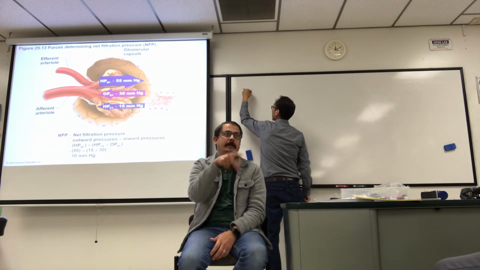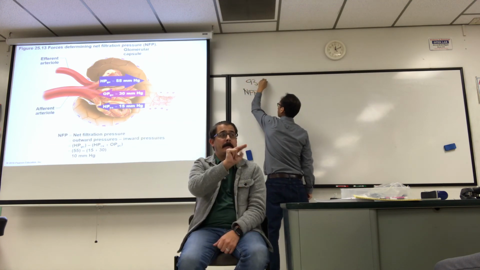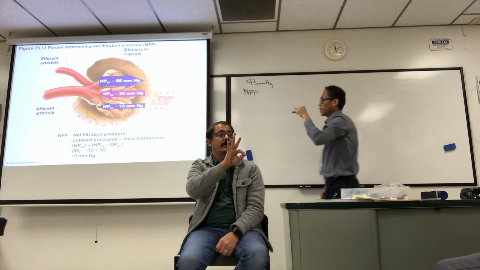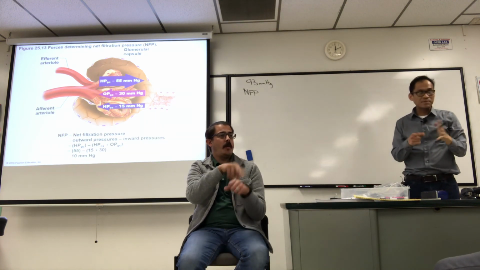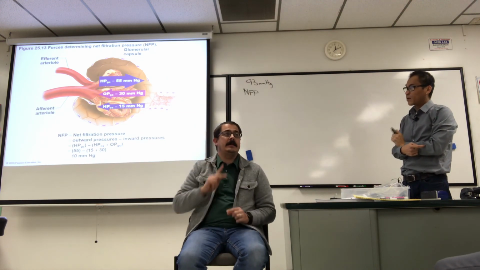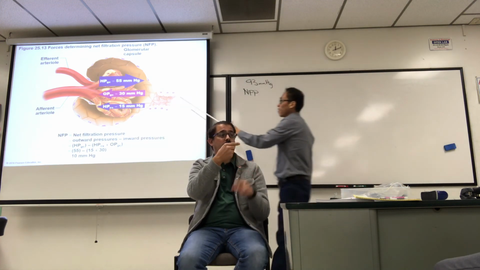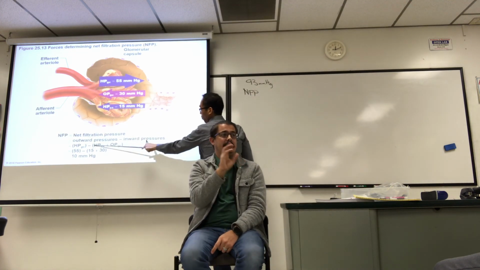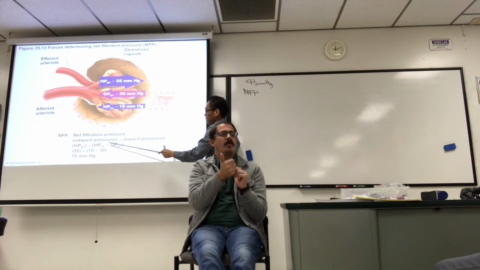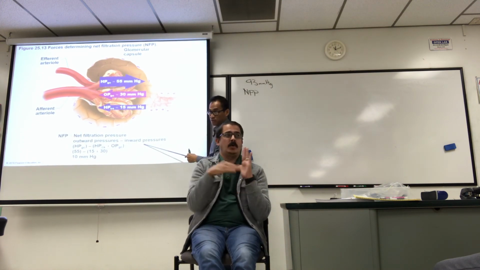I'll just call it NFP, net filtration pressure. Let's remember that mean arterial pressure is 93 millimeters of mercury. In normal capillaries, the pressure drops to something like 35 millimeters of mercury. In the kidney, it's much higher. What you're doing to calculate it is you calculate the outward pressures, but you subtract the pressures against it, the inward pressures.